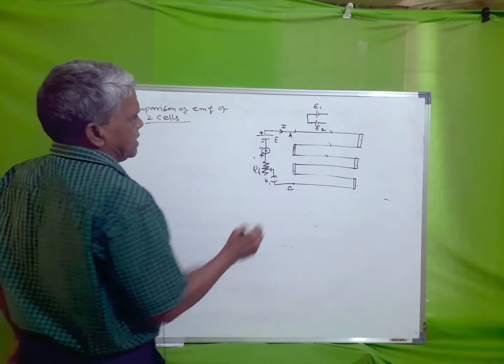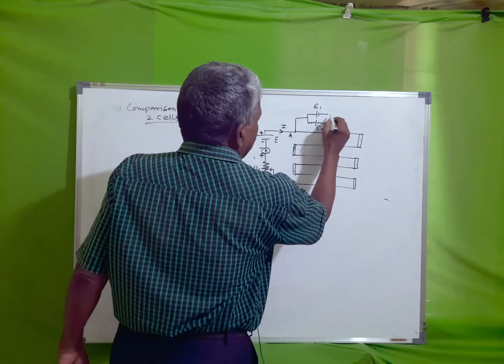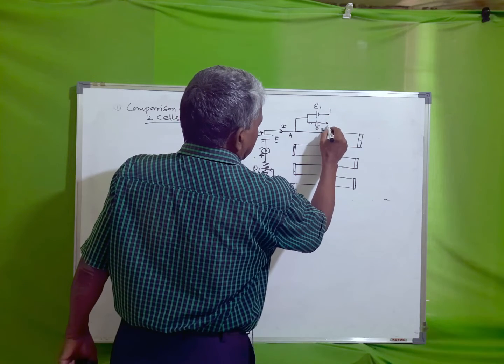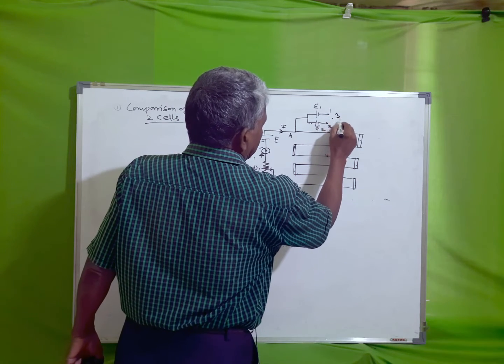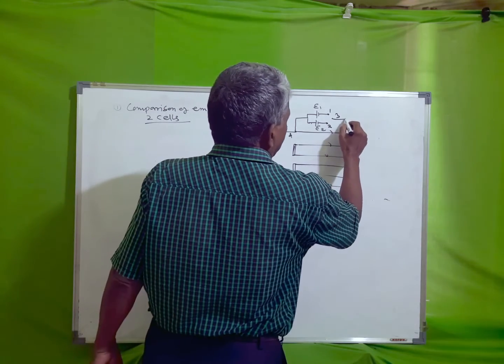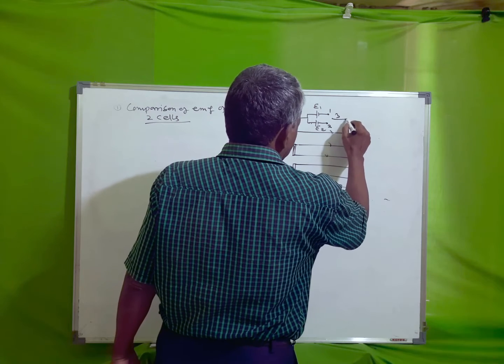The positive terminals are connected to A and the negative terminals are connected to a two-way key through a galvanometer.